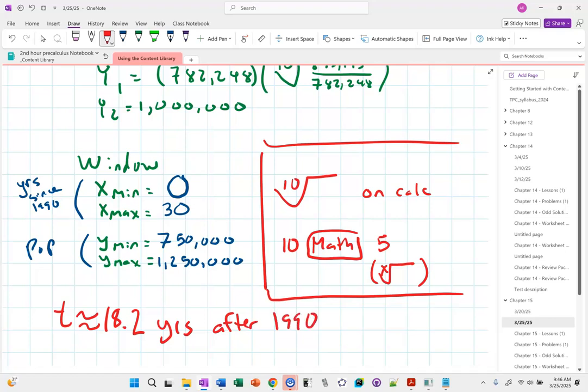Did you guys have any luck getting it into your calculator and finding the intersection? I don't know why we're being so stubborn about this. Let's see.